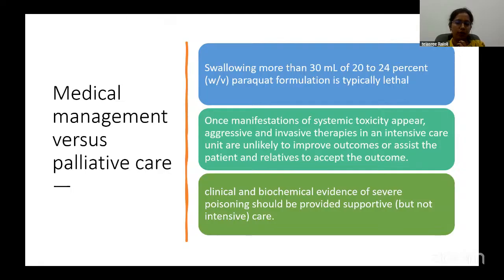Or at the time of presentation, if you find systemic toxicity effects, like the patient is hypoxic, hypotensive, tachypneic, then the prognosis will be very poor.